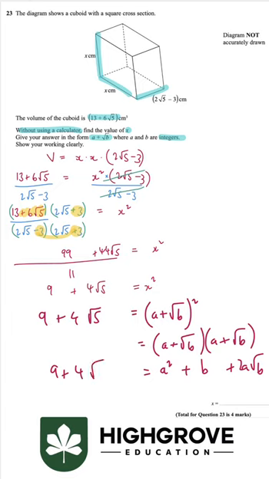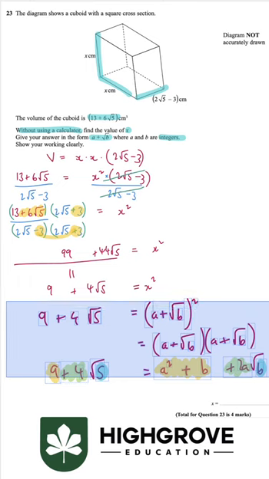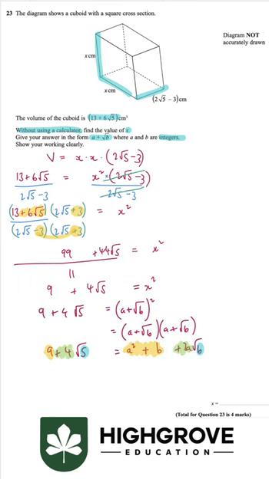So if we compare what we've got here on the left-hand side, it must be that 9 is a squared plus b, that's the integer part. The 4 here must be the 2a, and the contents of this root here must be the b value. So, what can we conclude? Well, straight away we can see hopefully that b is 5, looking at the things that we highlighted just now in blue.